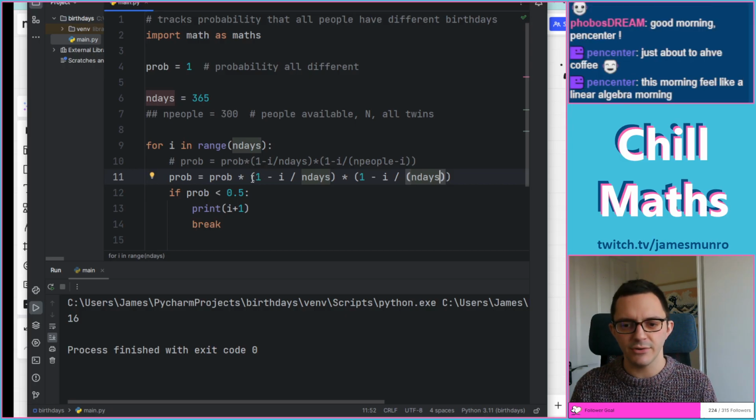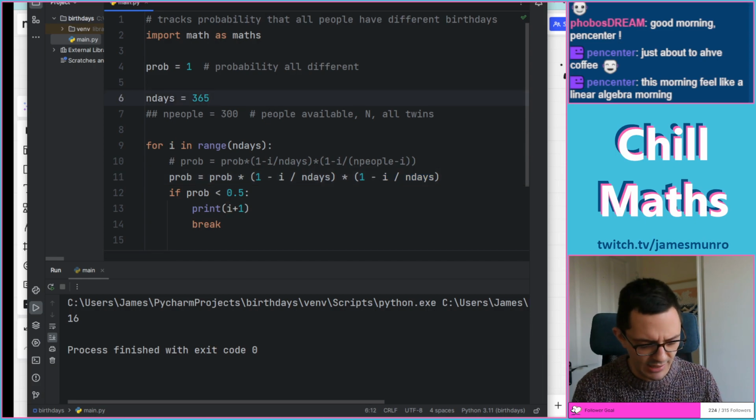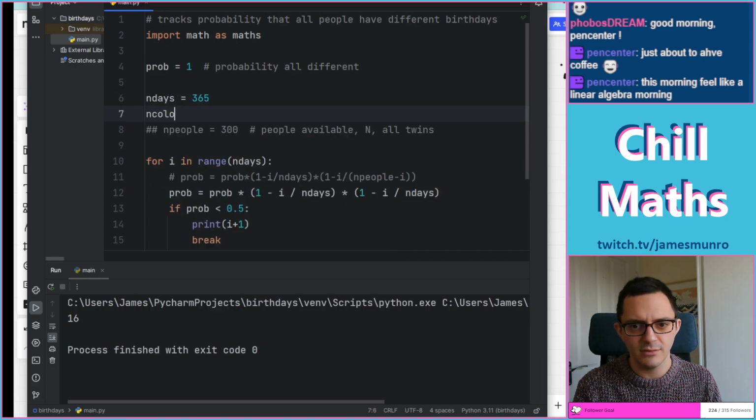If there are two things going on, with 365 days and 365 colours, then you should have some sort of countdown going on of how many people's birthdays you've got so far, and also how many people's favourite colours you've got. Maybe I'll call that N colours, let's keep it British, just to make it clearer what's going on.